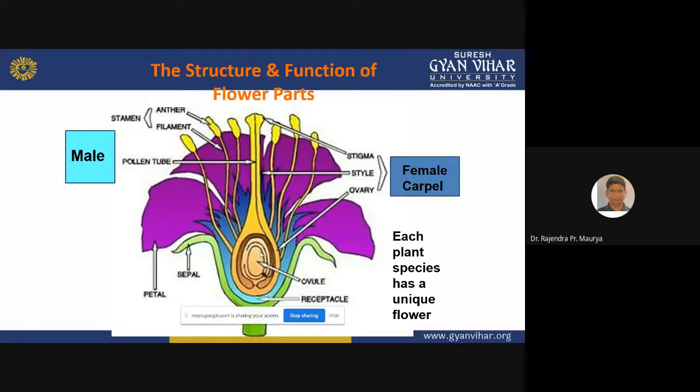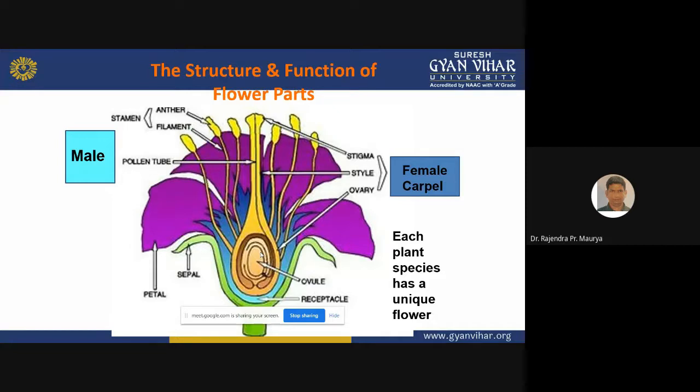These are the female part, or we can say the carpel, and also we can say pistillate flowers. So this one is the parts of a female flower.